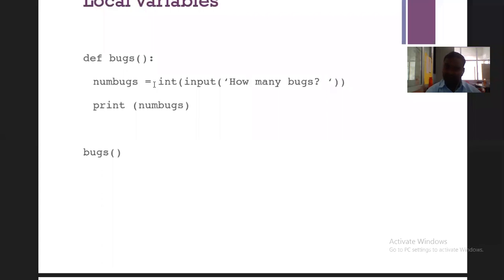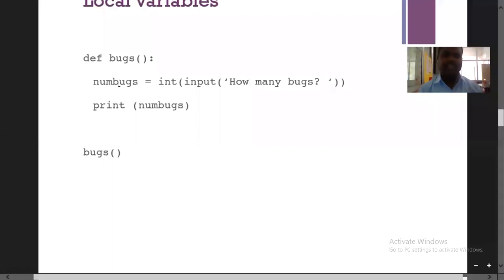Understood? Okay. Bugs means errors. See here, in this definition, this is the one function. It has one variable. The variable name is numbugs.